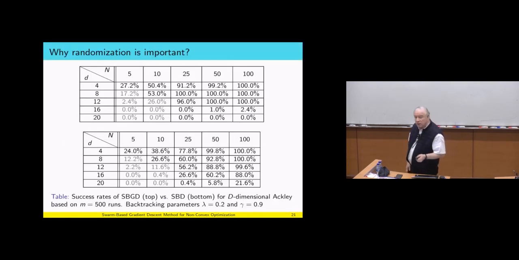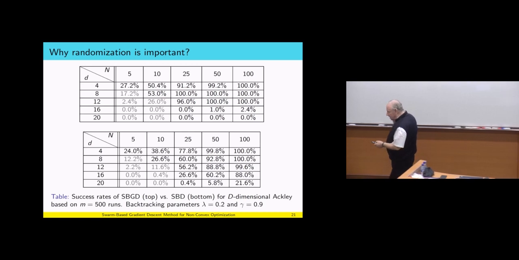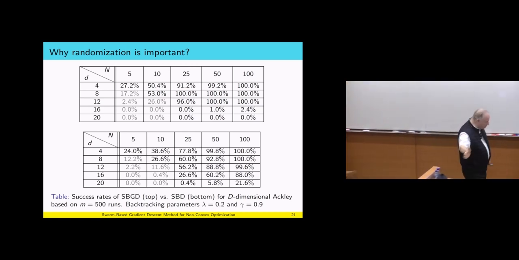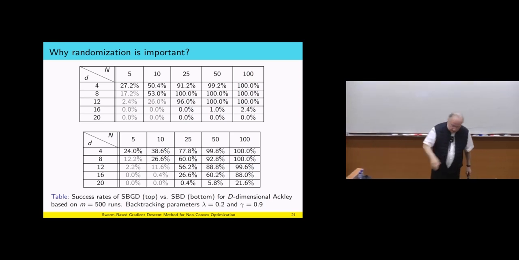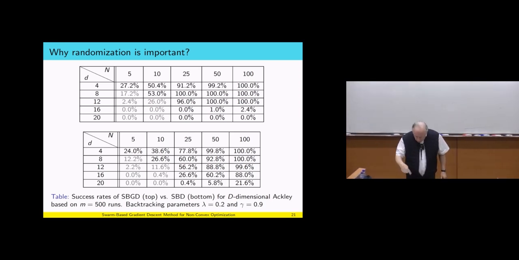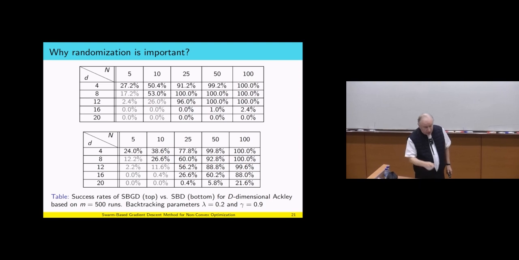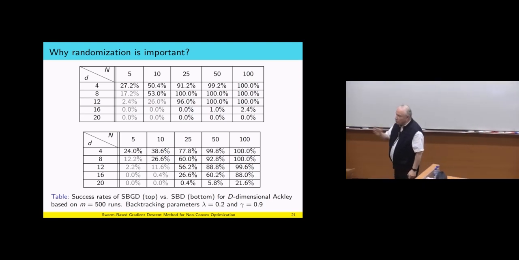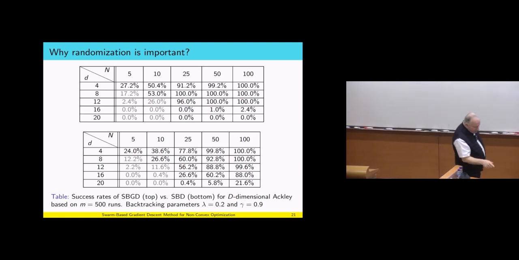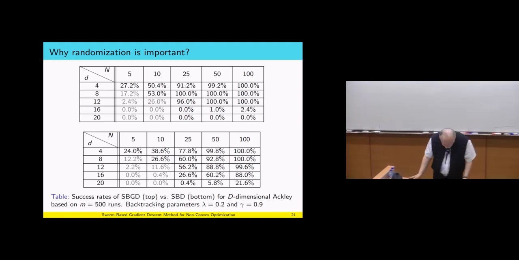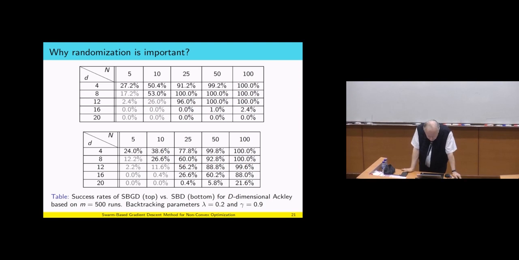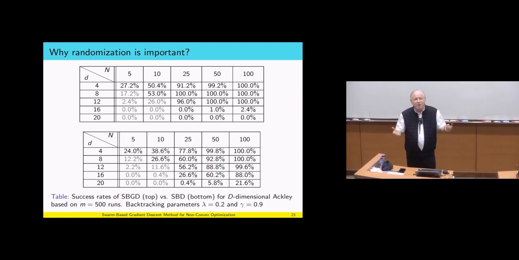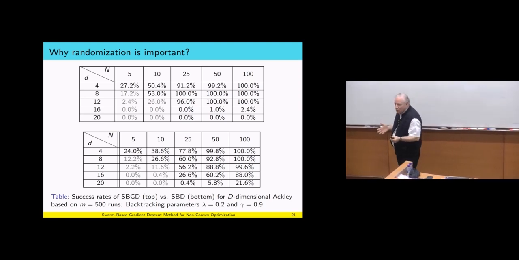Now, why is randomization important? So let's take this two-dimensional problem, and we compare the random choice of directions versus the gradient descent. This is interesting. What you see on the top is the SBG gradient descent. What you see at the bottom is this randomly chosen directions. Everything here, which is light gray, is not important. If you have 10 agents in 20 dimensions, you just don't have enough manpower to explore space.